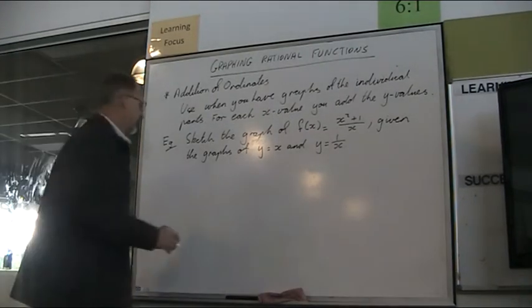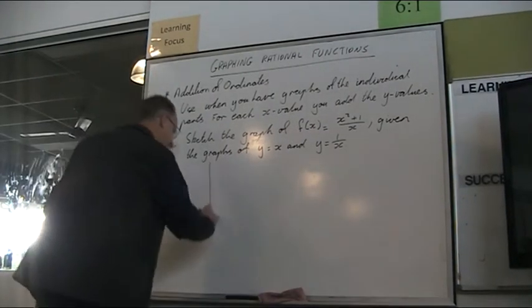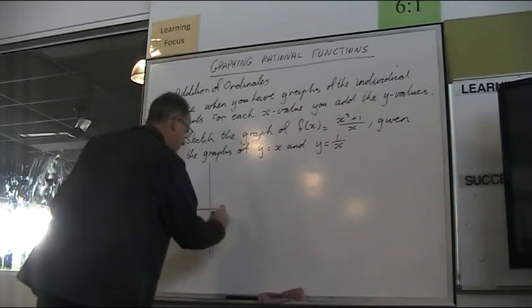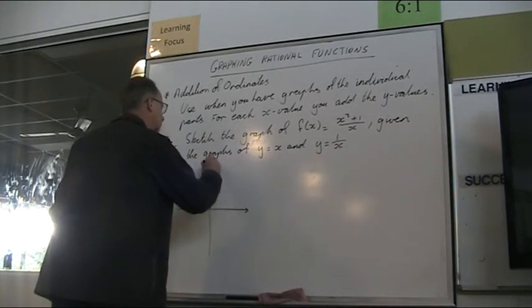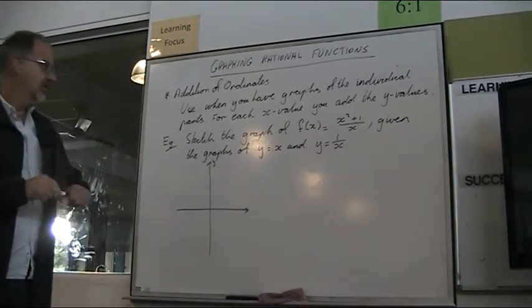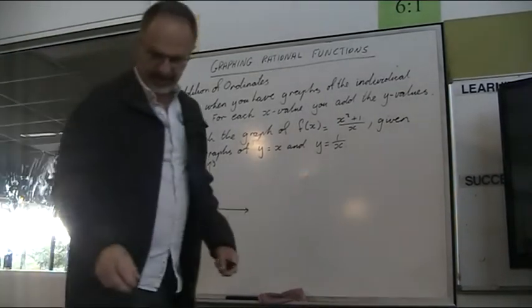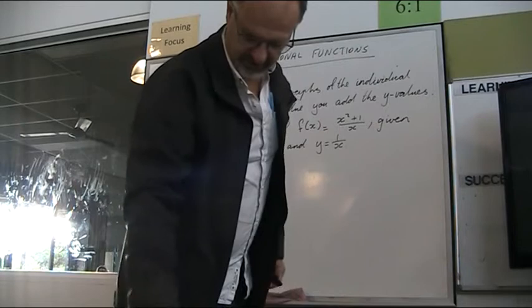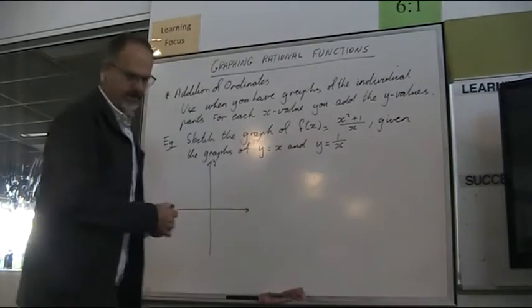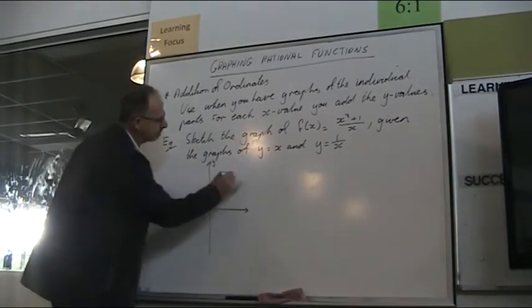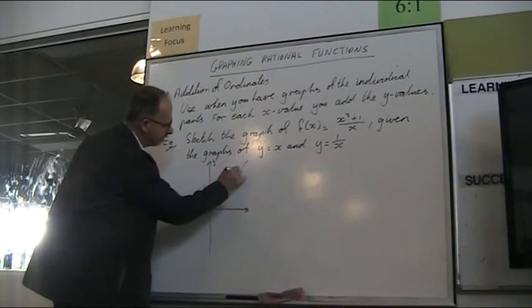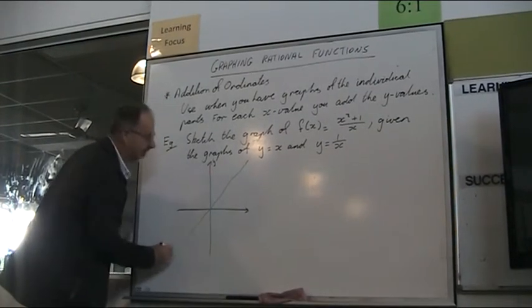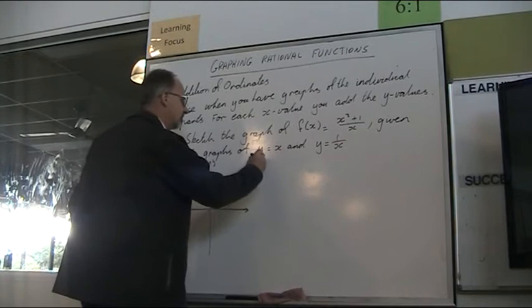Alright, so if we have a look at those two graphs, y equals x looks like this. It's wobbly, but anyway, that's y equals x.